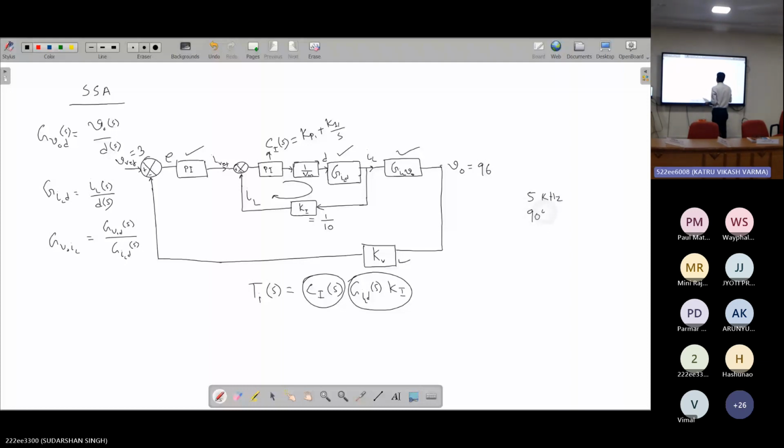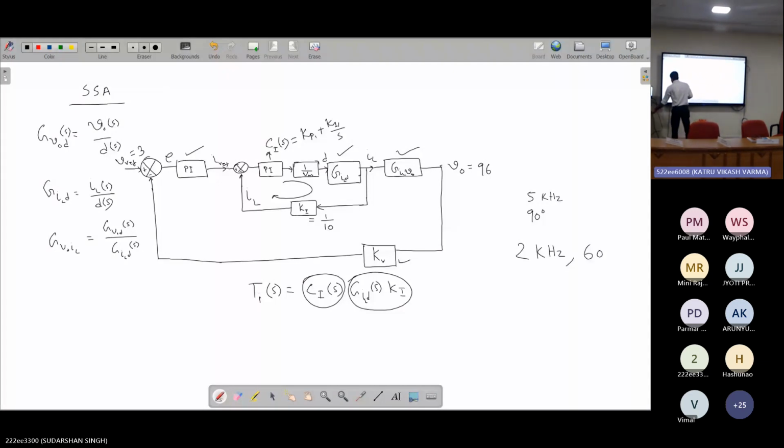Now we want to design a PI controller such that the closed loop system has a bandwidth of 2 kilohertz. The inner loop closed loop bandwidth should be 2 kilohertz. And what is the phase margin that we have chosen? 60 degrees.